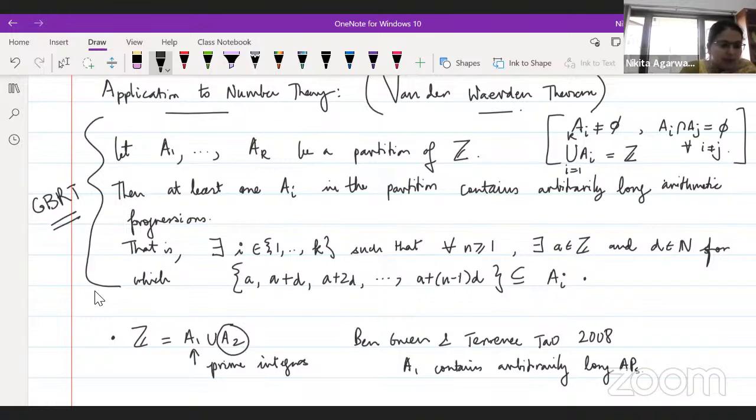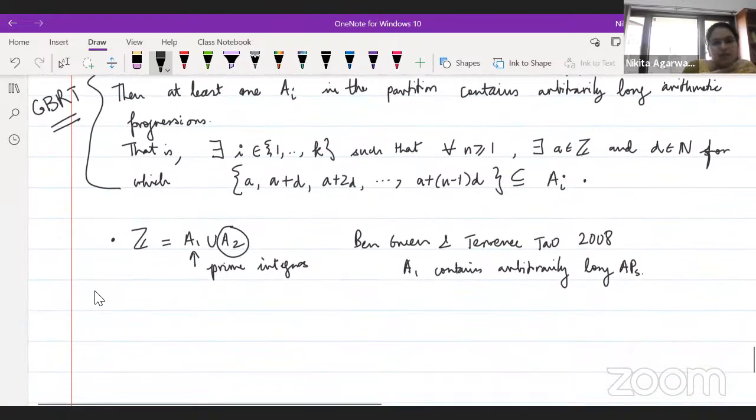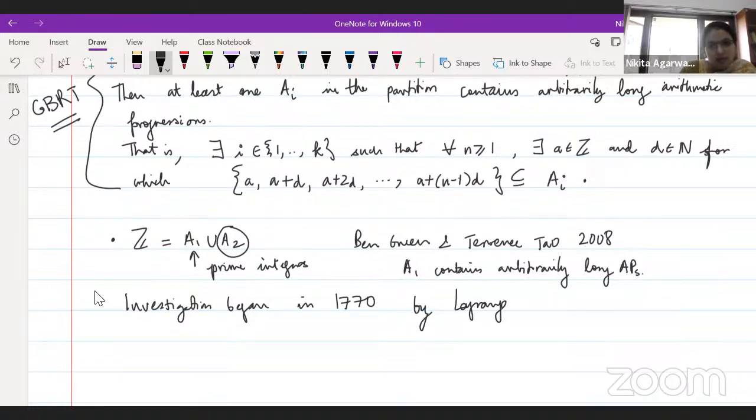Okay. And by the way, when I said that it has a long history, the investigation into this problem began in 1770 by Lagrange and others. So it took a long time to actually prove this result that prime integers have arbitrarily long APs. Okay.